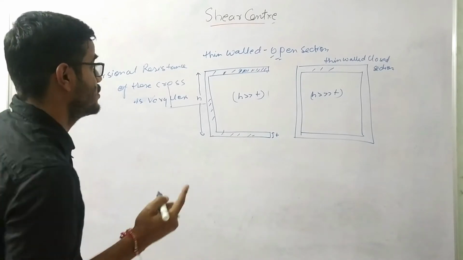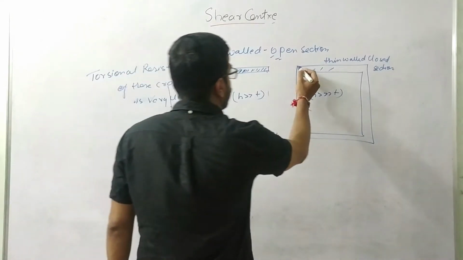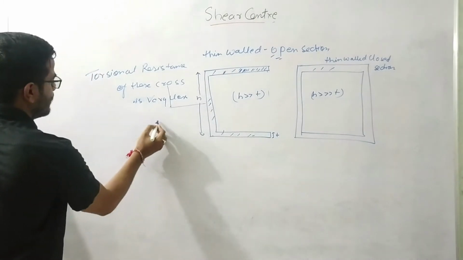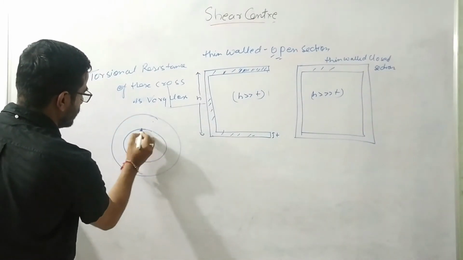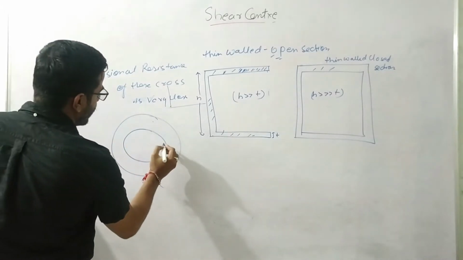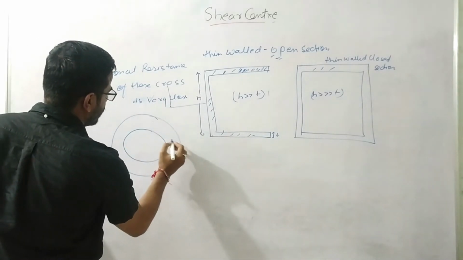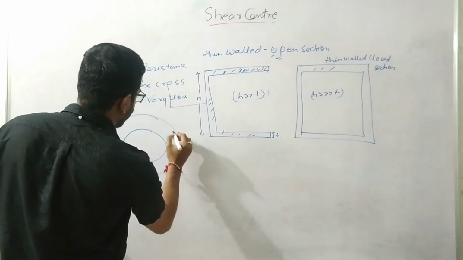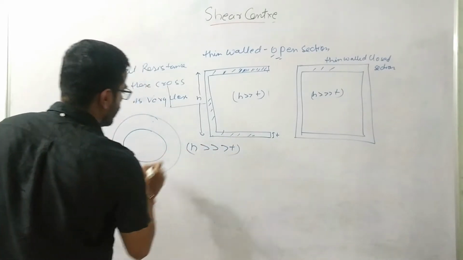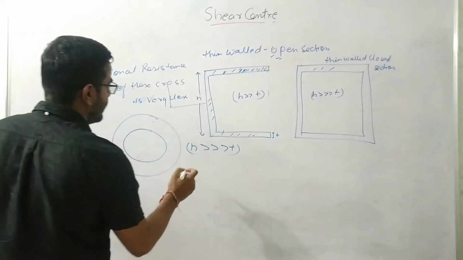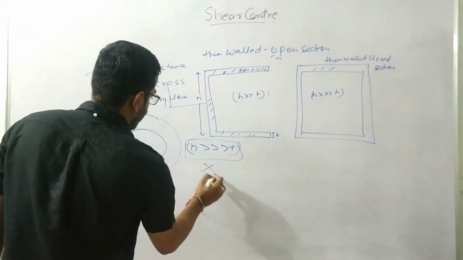Don't confuse this with a hollow section. Suppose this is a circular cross section, and this is a hollow type cross section, where we cannot say that h is much greater than t. That does not hold in this case.